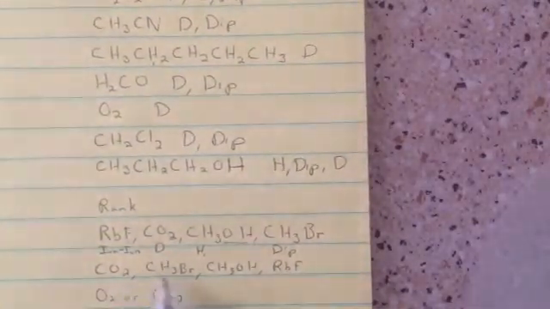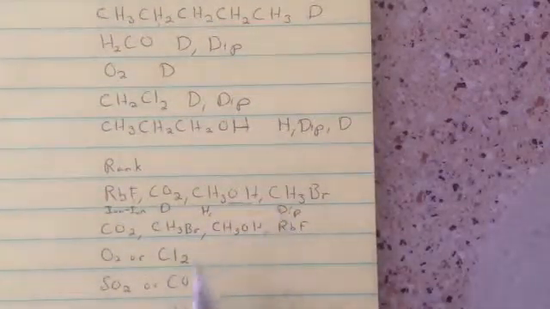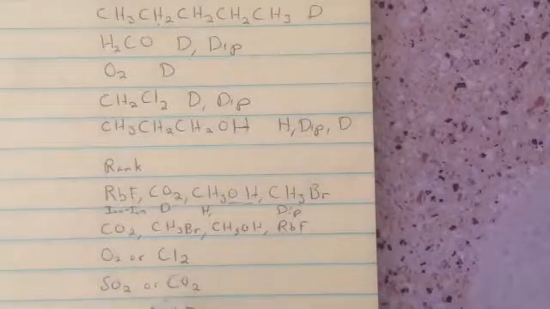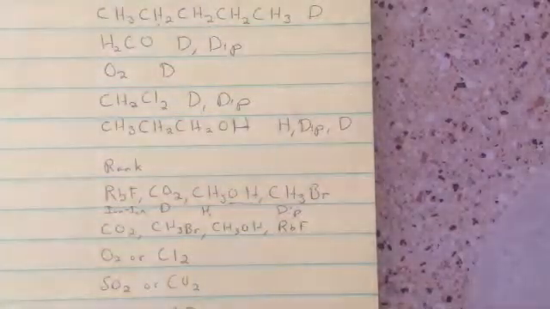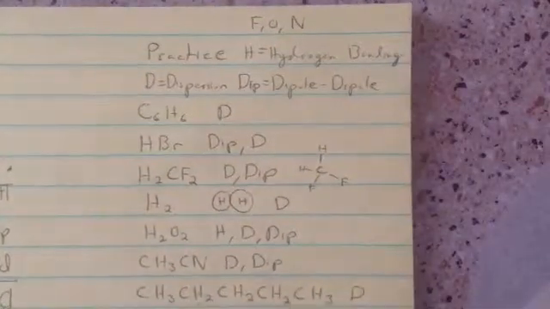So that's that problem. Next, for these problems, it's which one is stronger. So O2 or Cl2. For this, what you have to know is not only these three bonds, but what happens if you have two of the same.